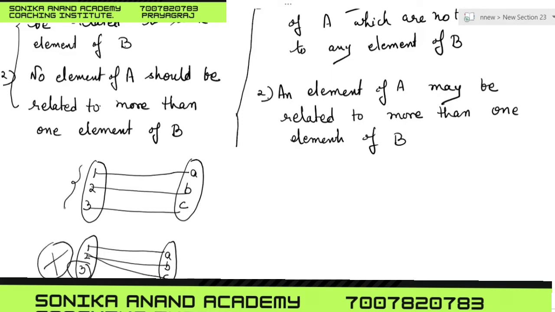Each element of the set must be related to B. Understood? No element of A should be related to more than one element of B. So this is also not a function, because here one element is related with two elements. Clear?